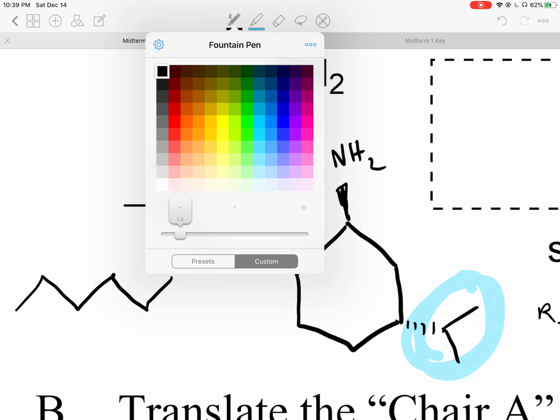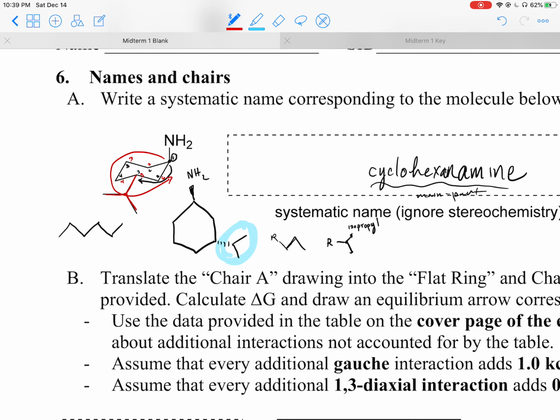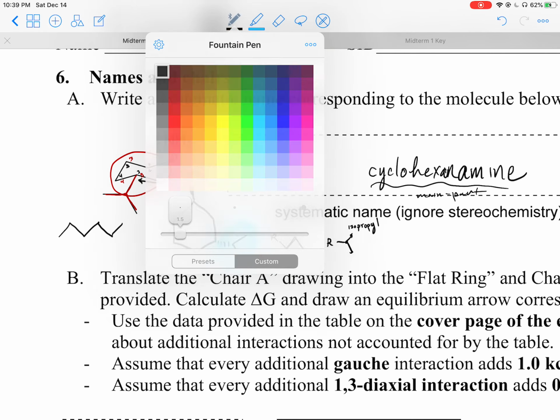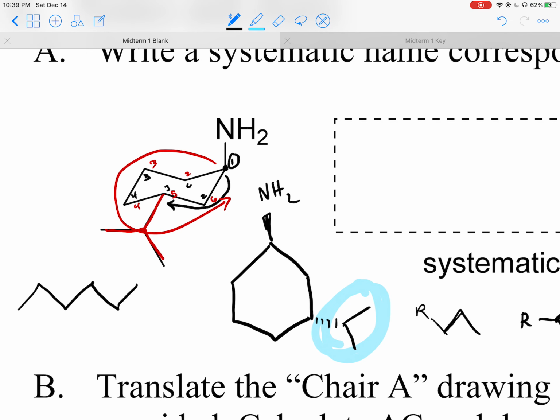Versus if we went around this way, this would be number 2, 3, 4, 5, and 6. So our one substituent, isopropyl, would be on number 5, which we don't want. We want lowest numbers, and so we want our one substituent to be the lowest number that it could. And so we're going to go the black way, where the numbers are lower. Let's just erase the red.